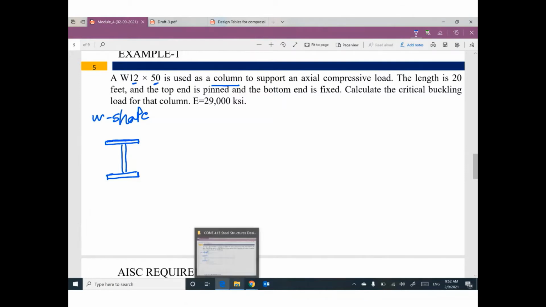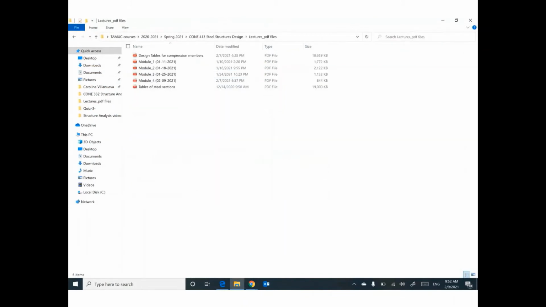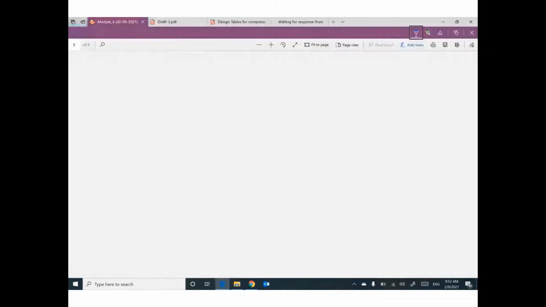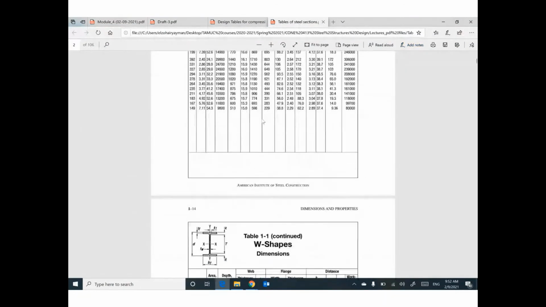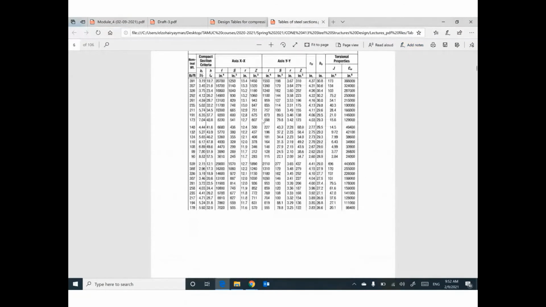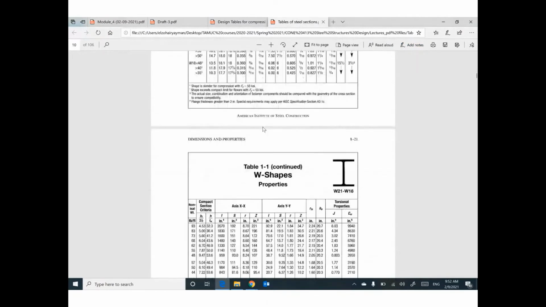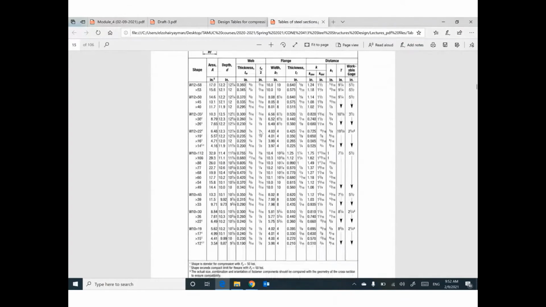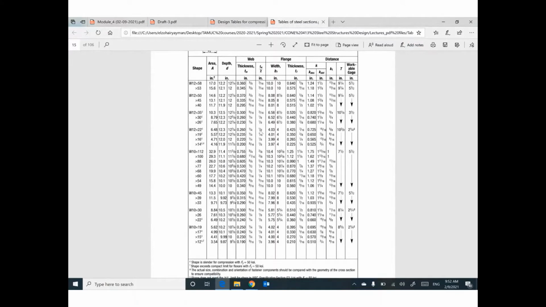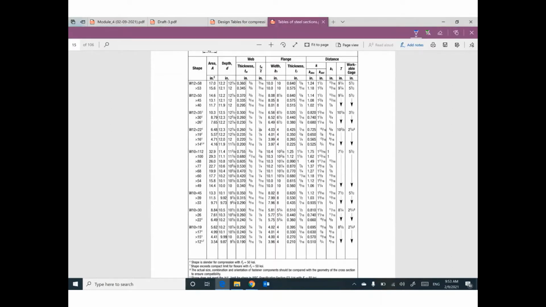So I can open the tables. We have here tables of steel structure. What is the name? One more time. 12 times 50. So if you go down, I'm sorry, 12 times 50. Go down more. 12 times 50. Here you go. This one. W 12 times 50.